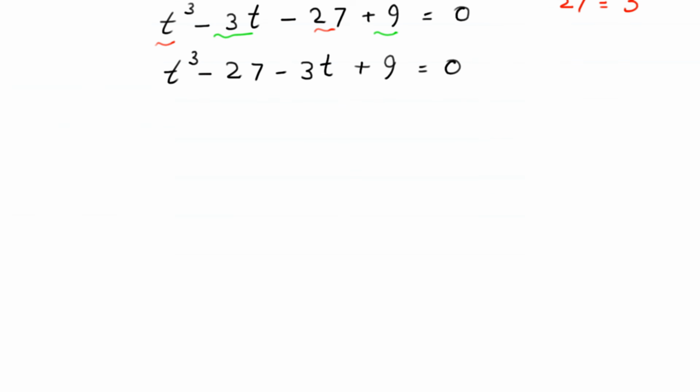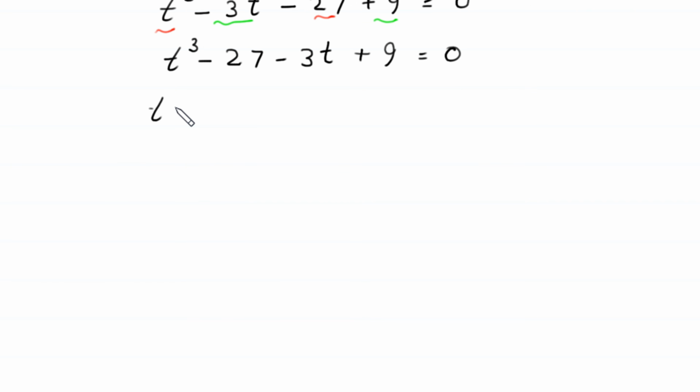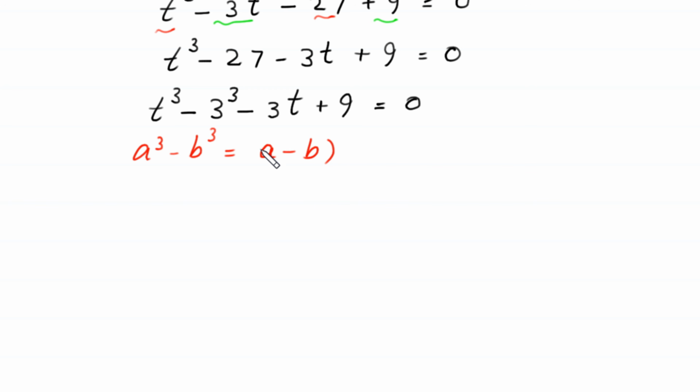Next, t cubed minus this 27 can be written as 3 cubed minus 3 times t plus 9 is equal to 0. Now by using this algebraic identity, a cubed minus b cubed is equal to a minus b times a squared plus ab plus b squared.